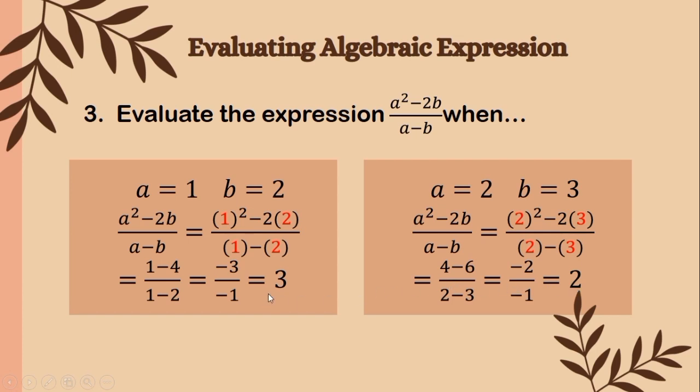As you can see, both of the denominators do not become 0. So when a is equal to 1 and 2, and b equals 2 and 3, this expression will not become undefined. For a more in-depth discussion of undefined, Miss Rochelle will be discussing it to you.